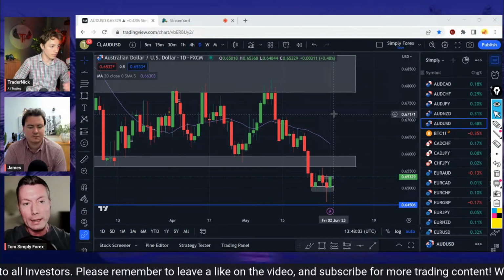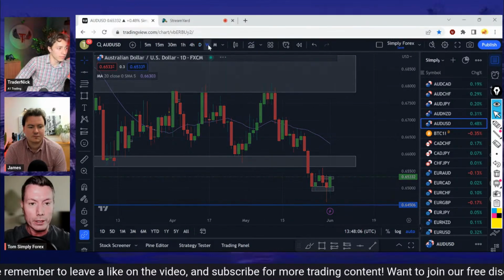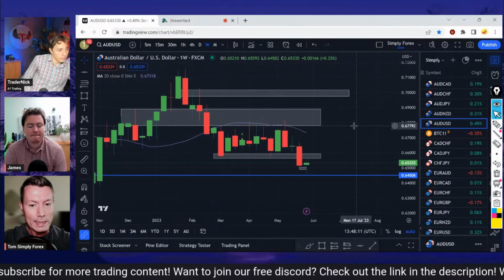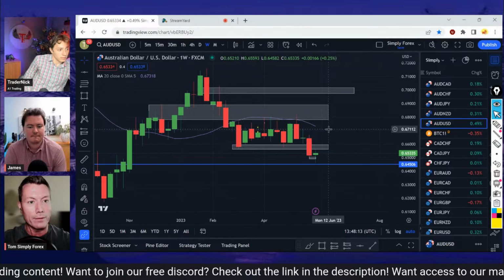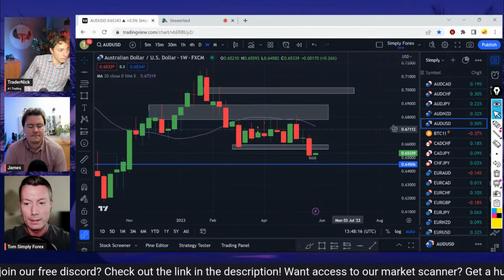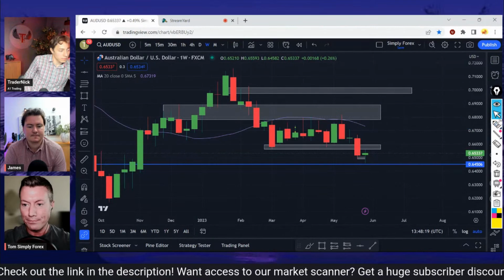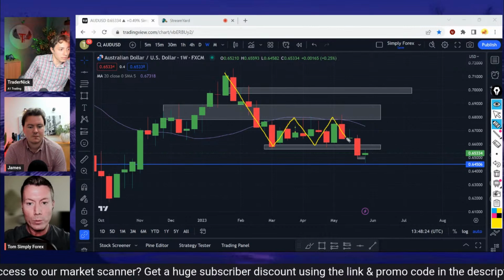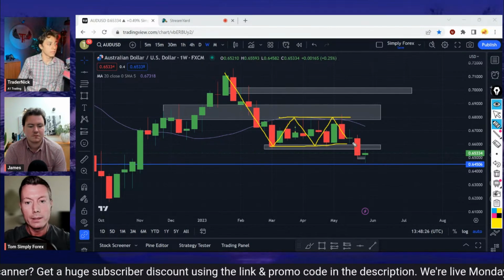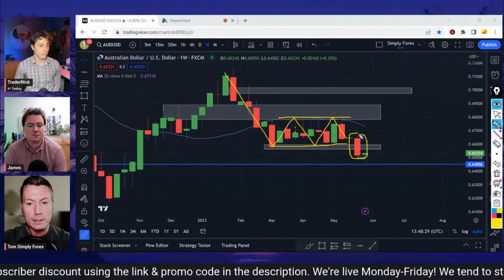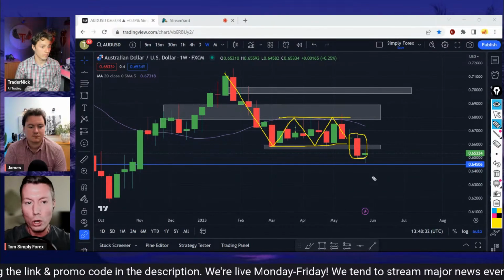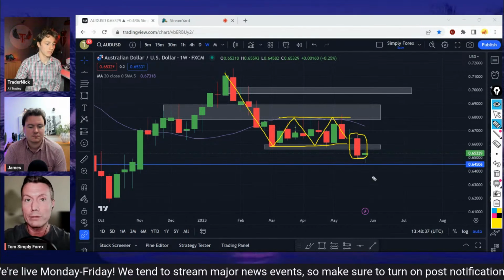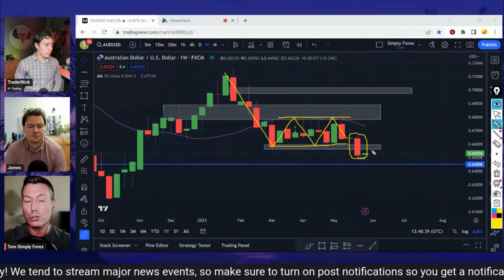But if we look a little longer term, at the weekly chart, there is no reason to expect anything other than US dollar strength. That weekly chart has broken down. The fact that we had a range and then it broke tells me the longer term direction of this pair specifically, and the US dollar in general, is US dollar strength.